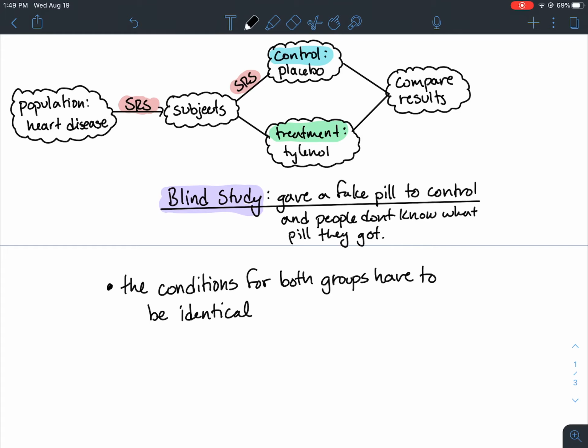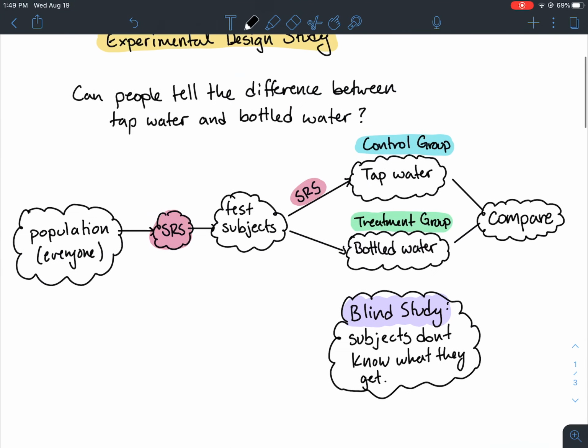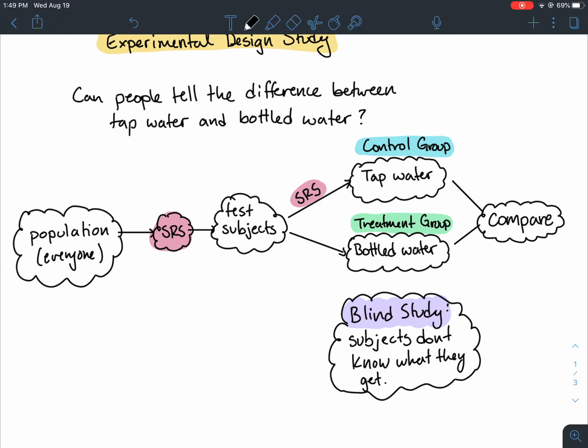Meaning that, so I'm going to go back to the first example. What that means is the conditions for both groups have to be identical. So up on this one, let's say the bottled water was colder than tap water. Well, people might think that that tastes better because people like cold water. So if I gave cold water in the bottled water group and only gave warm water to the tap water group, they wouldn't be able to know whether or not that might skew the results or cause a bias, okay?